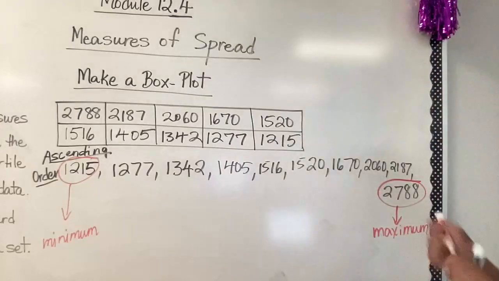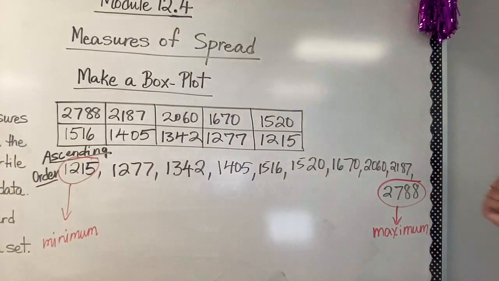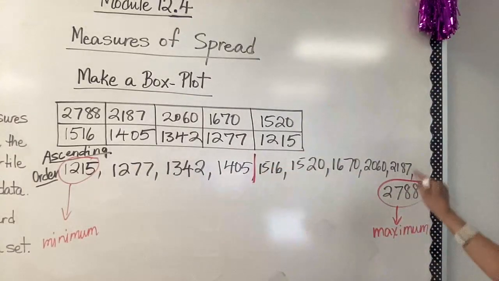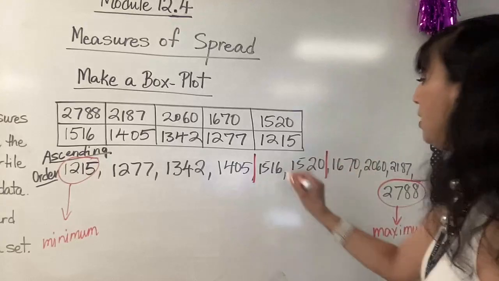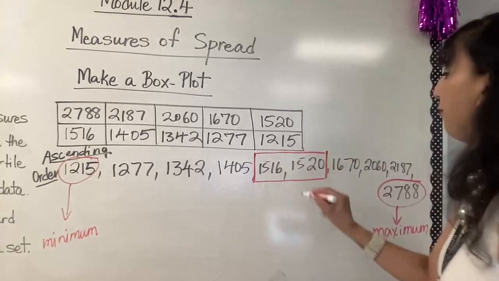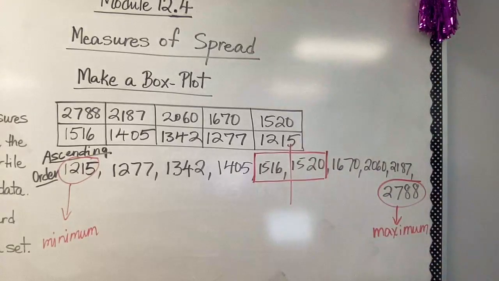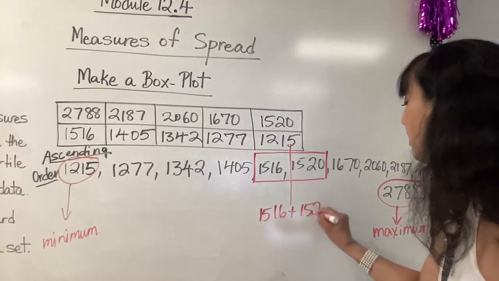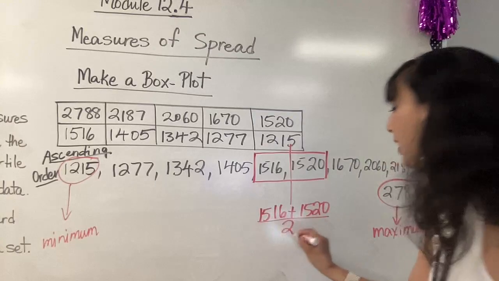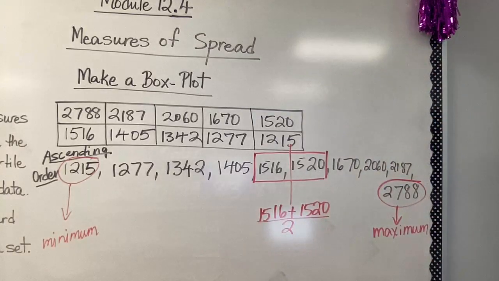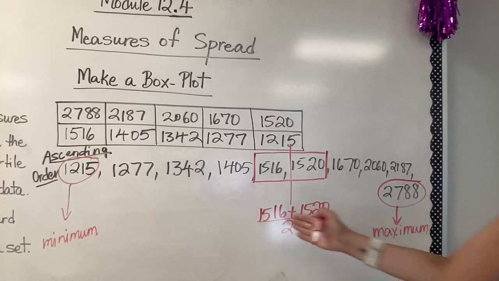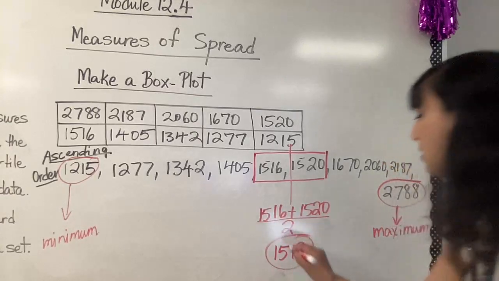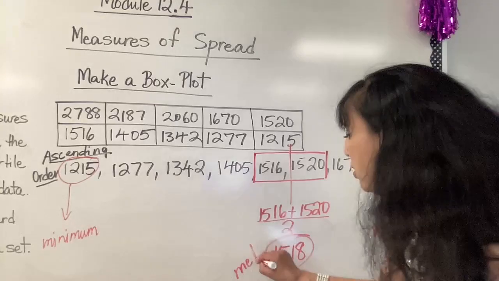So since it's 10, we are going to have 1, 2, 3, 4, and 1, 2, 3, 4 here. So we're going to look at these 2, 1516 and 1520, take that and average it out, and I get 1518. If you think of it, 16 and 20, this is going to be 1518. So this is my median, which is my Q2.